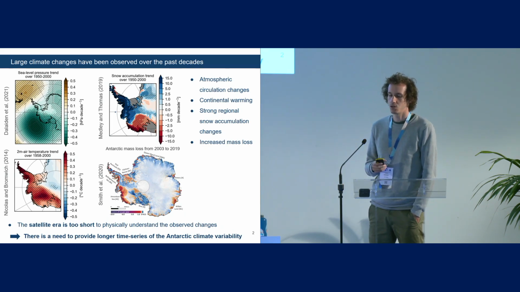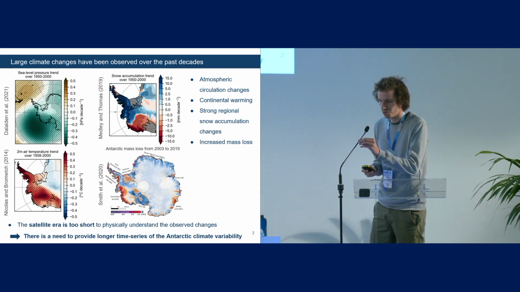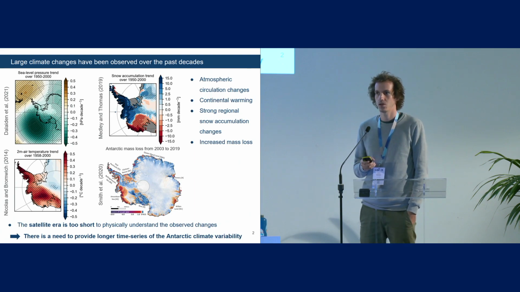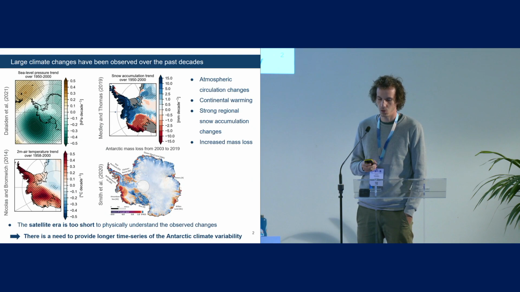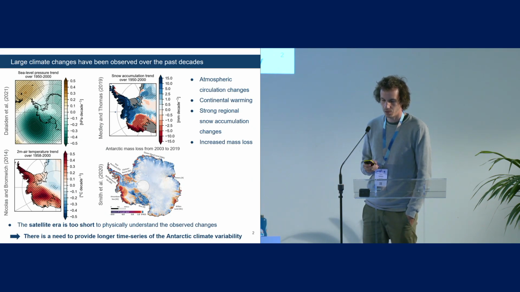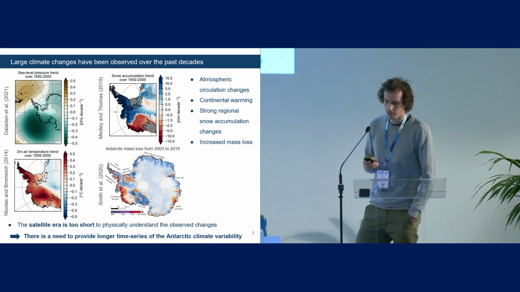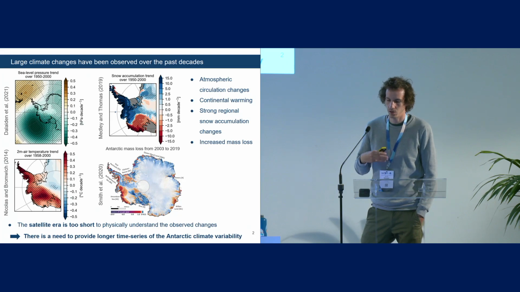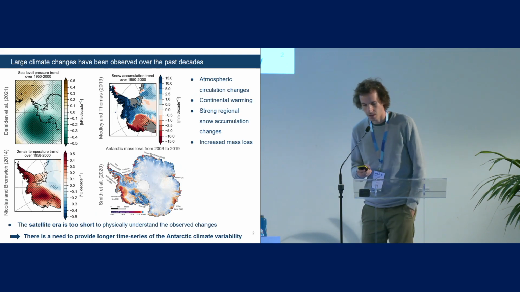And partly due to this deepening of the low-pressure system, we also observe a general increase of snow accumulation over the West Antarctic ice sheet, but with strong regional changes. For instance, we observe a large increase over the peninsula and the eastern part of the West Antarctic ice sheet, but we observe a decrease close to the Ross ice shelf.